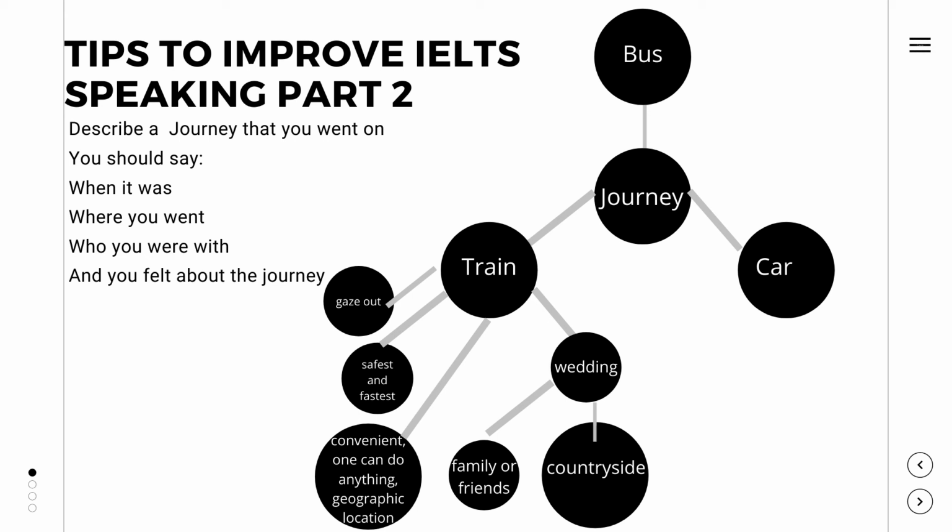If I have a chance in the future, I would like to travel again by train. In this way, you are using the future tense. So this is the complete method to talk on a particular topic with the help of mind mapping.